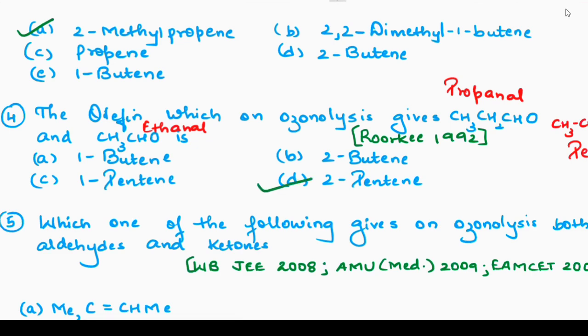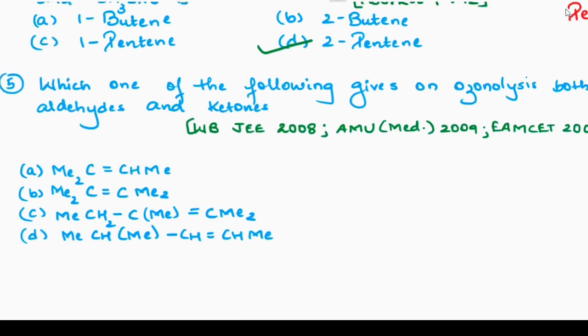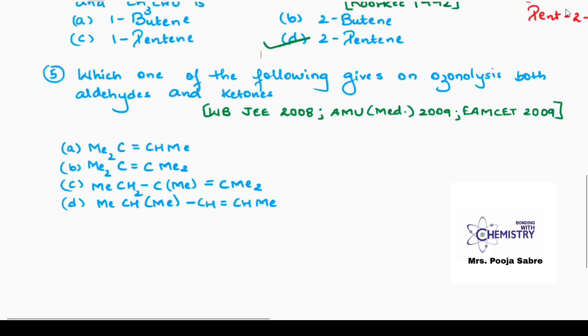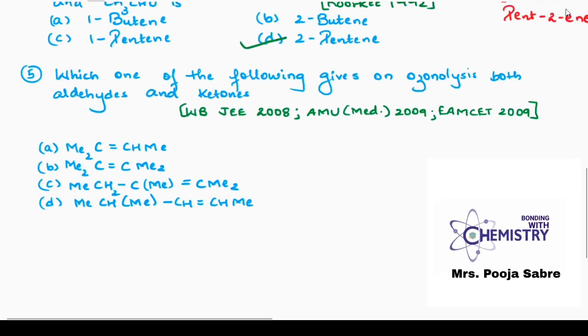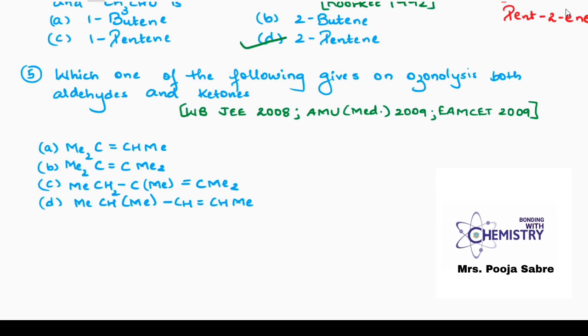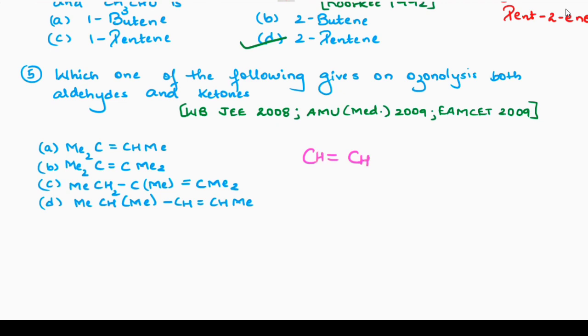D. The last question. Which one of the following gives on ozonolysis both aldehydes and ketones? Now the trick is, always remember, if a carbon containing the double bond has a hydrogen present, then it will give an aldehyde as the product.